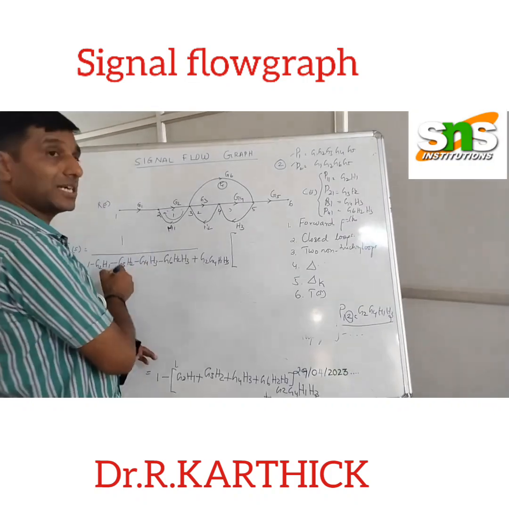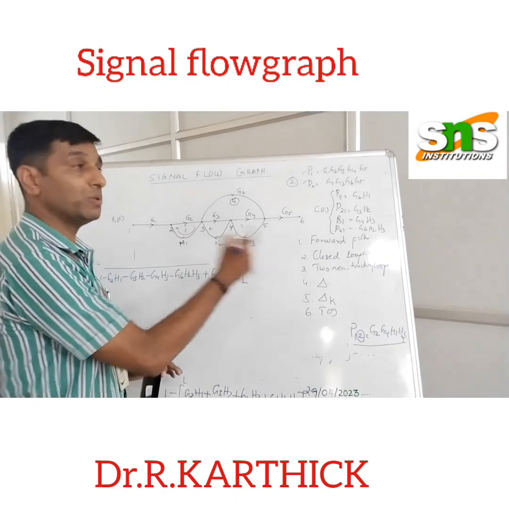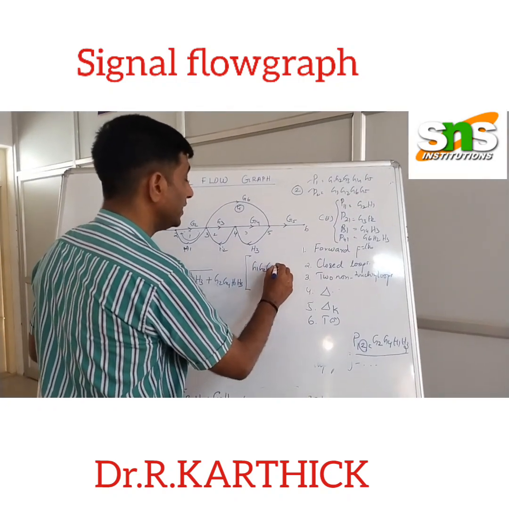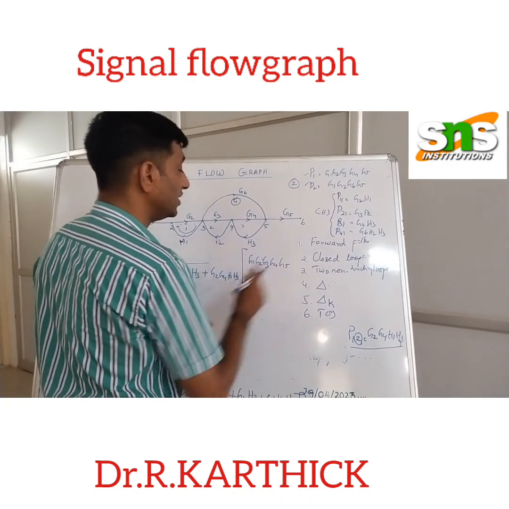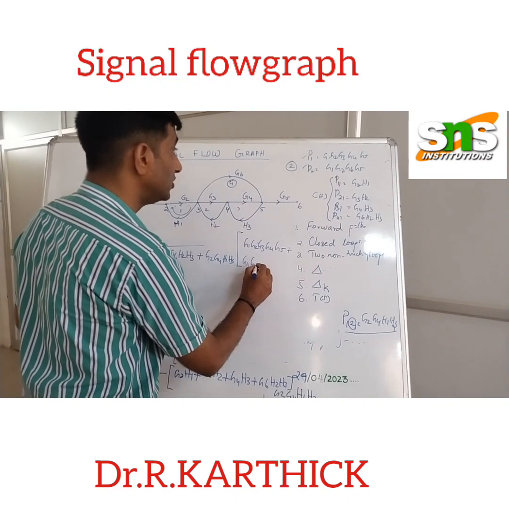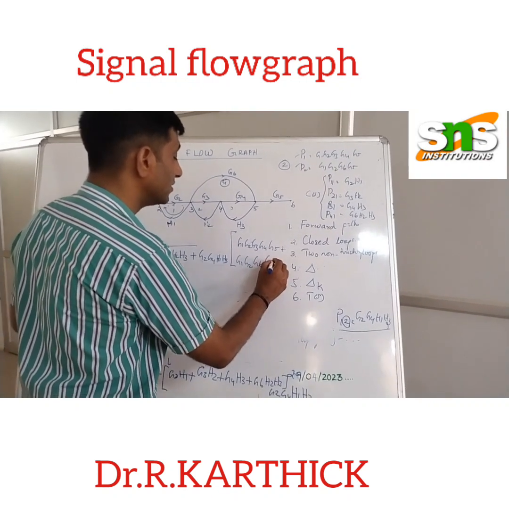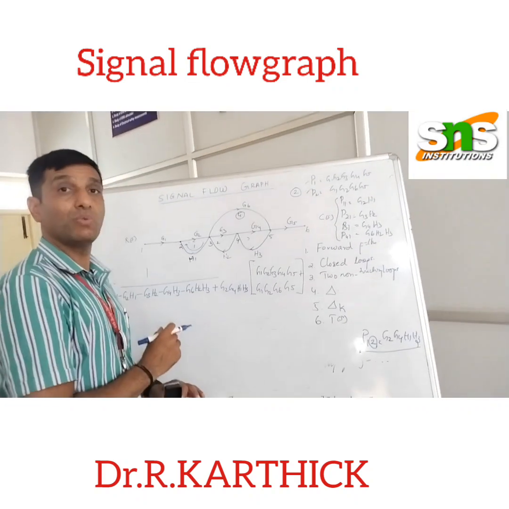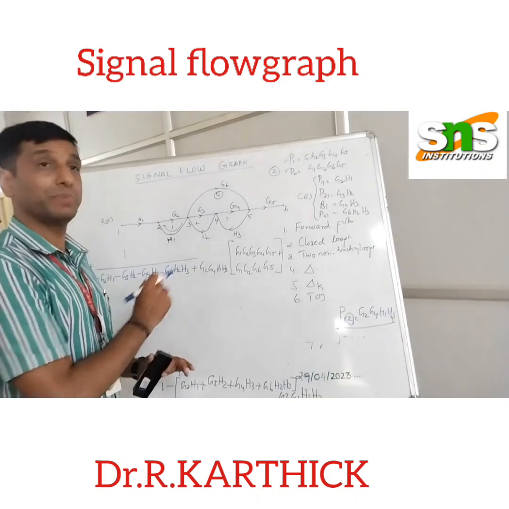Delta 1 and delta 2 are equal to 1. Therefore it is P1 plus P2. P1 is G1, G2, G3, G4, G5 plus my P2 is G1, G2, G6, G5. So this is my P1 delta 1 plus P2 delta 2.